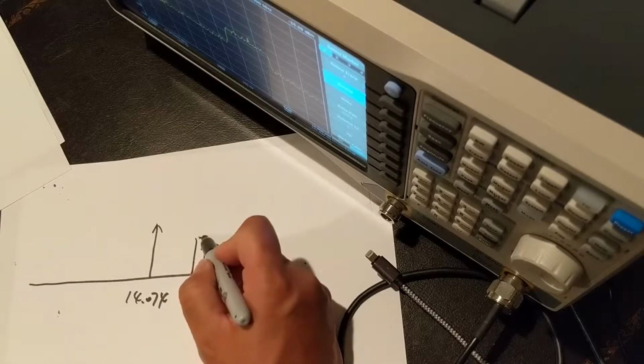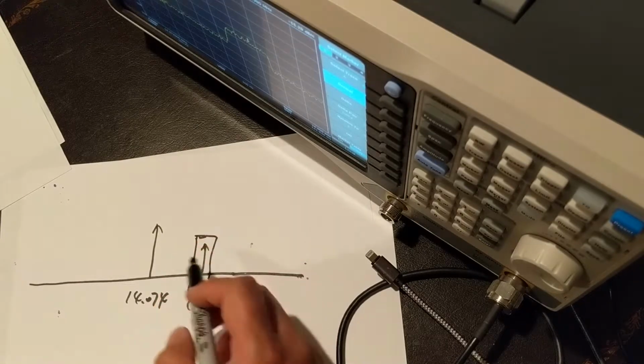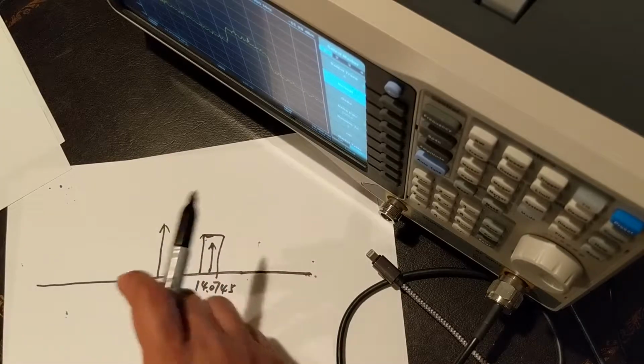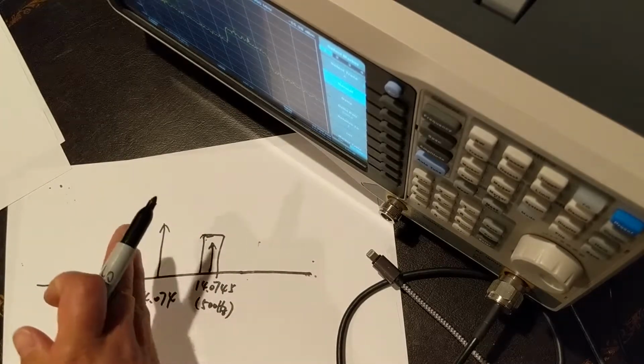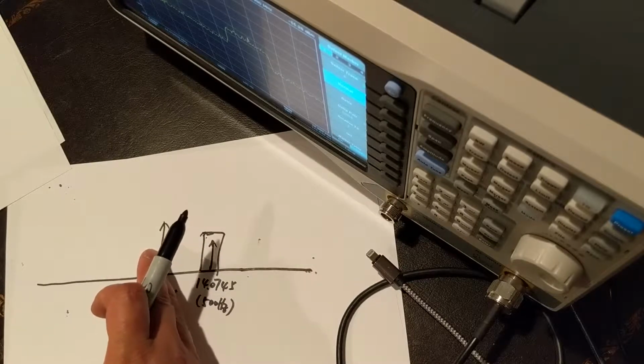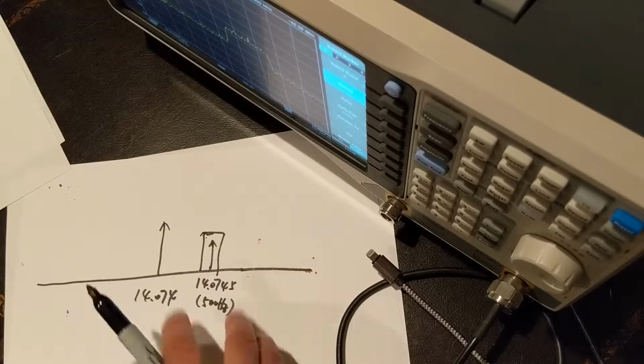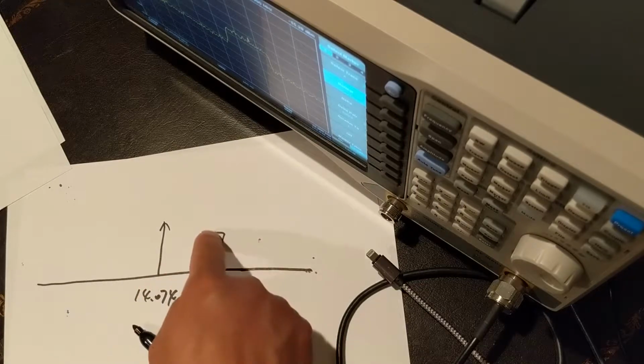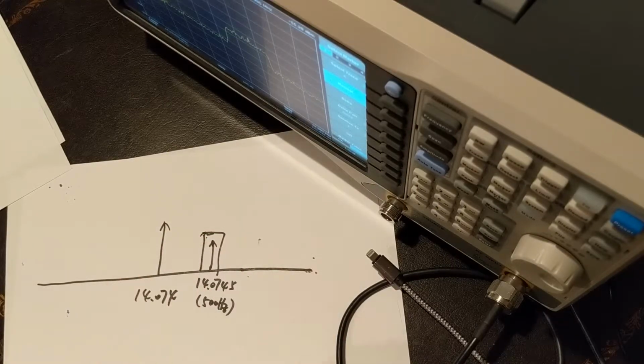I'm supposed to send this signal out, but there are a couple of ways to do it. One way is to use this carrier frequency and modulate 500 hertz on top of that, so you can shoot this out. But there's a problem here.